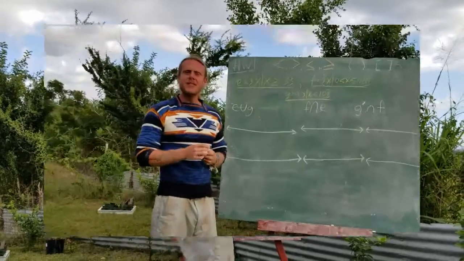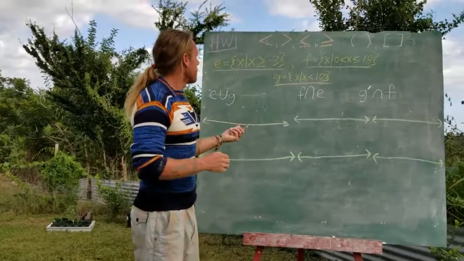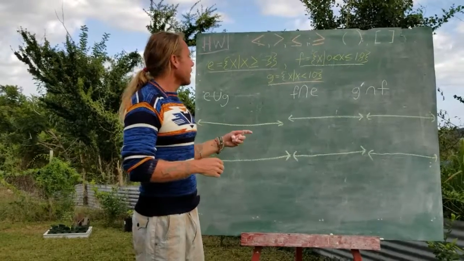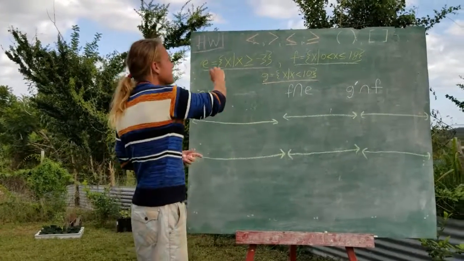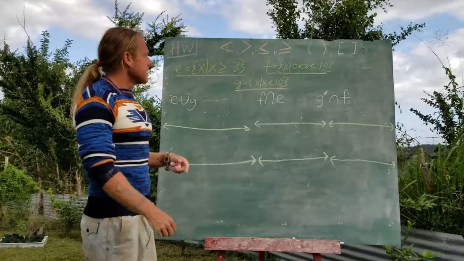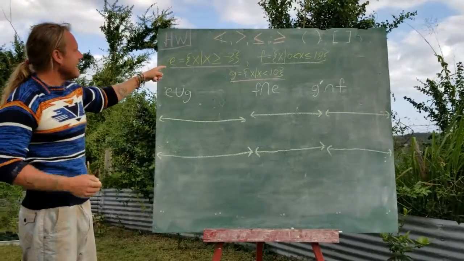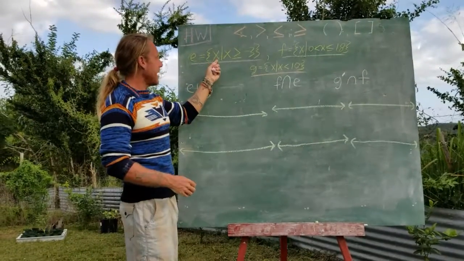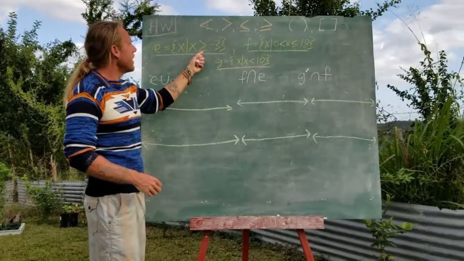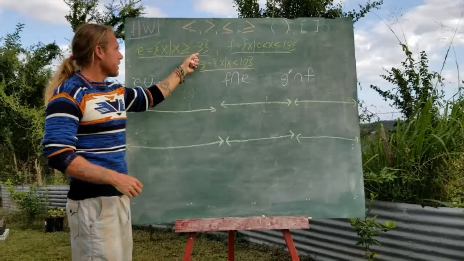All right, let's look at these last three problems in which we're dealing with set operations, written a little bit differently in terms of set builder notation. This will be good practice, I think. Here we're letting set E be the set of all elements x such that x is greater than or equal to negative 3.